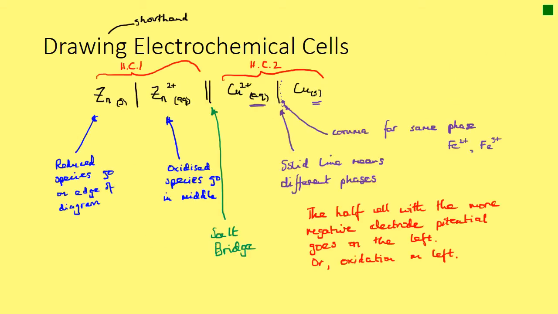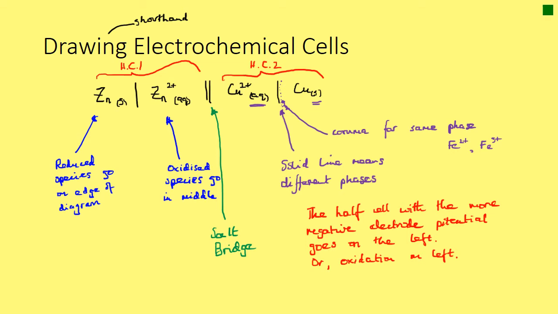Okay, let's have a look to see how we can draw electrochemical cells. And when we say drawing electrochemical cells, what we don't mean is drawing a diagram. We just mean the shorthand drawing of electrochemical cells. Let's have a look at an example to illustrate it. You just take the oxidized and reduced species from each of the half cells. In our case, the half cells are zinc and copper again, and we just arrange them in a row.